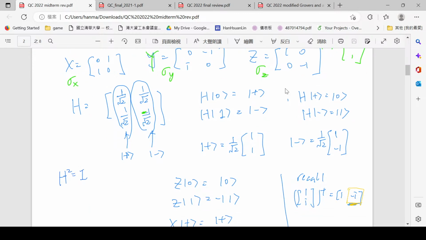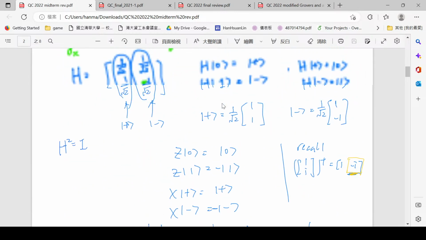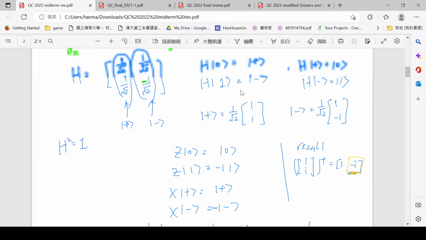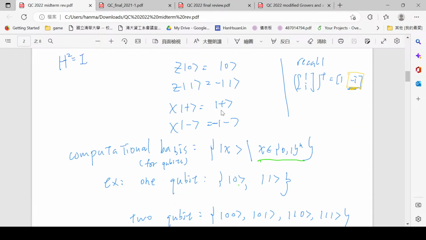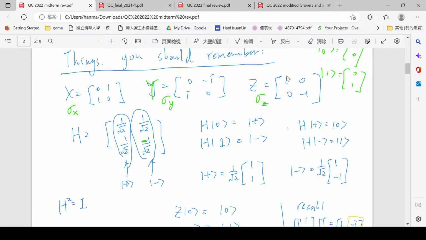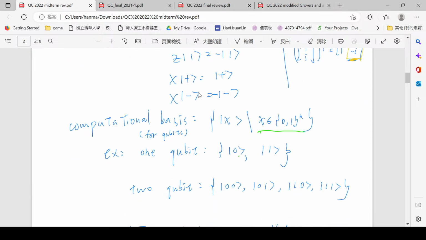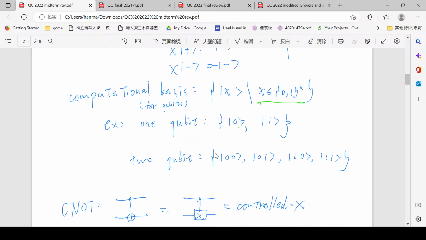Obviously, you should be pretty familiar with them now. And they have a whole bunch of properties. And the eigenstates, we mostly care about x and z, because they are easier to use, and the eigenstates of z are 0 and 1, and the eigenstates of x are plus and minus.